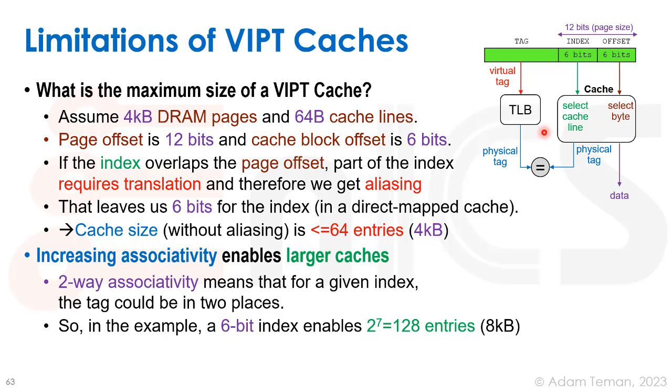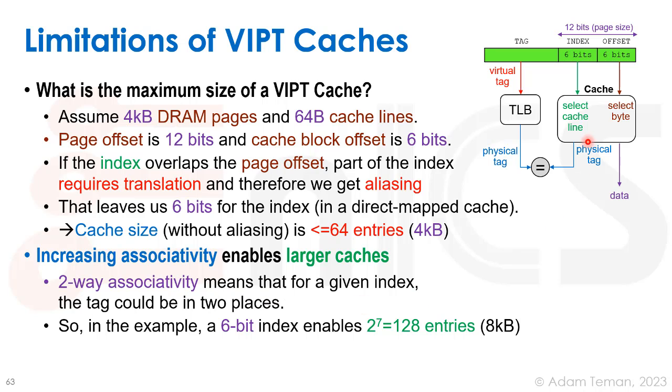And 4 kilobytes is really a small cache. I mean, we're talking about things that we want to have megabytes of cache, right? So how can we make that bigger? Well, we can increase associativity. For example, if we have 2-way associativity, so each of our indexes can have 2 different ways inside them. That means we can have 4 kilobytes in 2 different places, and therefore we can get to 8 kilobytes. We can use 2 to the 7 entries for that same 6-bit access to the cache.